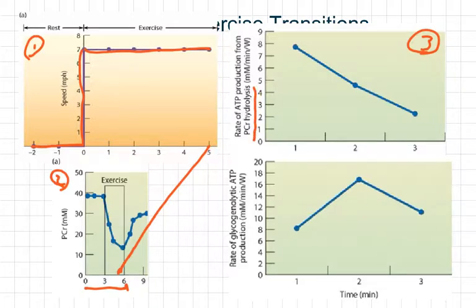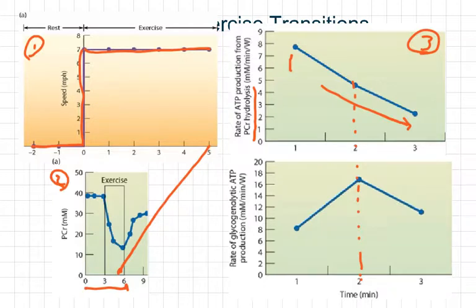And you'll notice it's highest at minute 1, but then it drops and drops, and it's at its lowest rate at minute 3. And at this point, when the PCR pathway is at its lowest, the glycolysis pathway starts to pick up, and it reaches its peak at minute 2 and starts to drop off at minute 3.